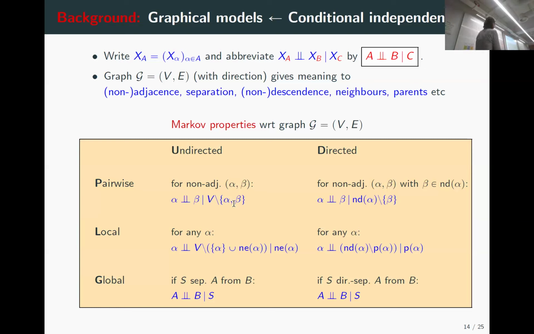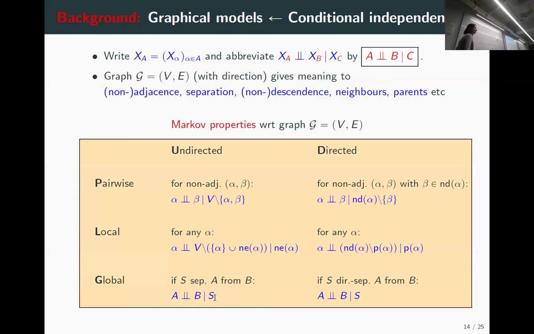One could also say, for the undirected global Markov property, that if we take a partition of our nodes, and a set S of nodes separates a set A from another set B, then A should be independent from B given S. We know this for Markov chains: if we condition on the present, then past and future become independent.